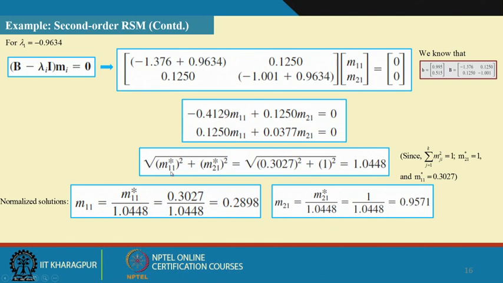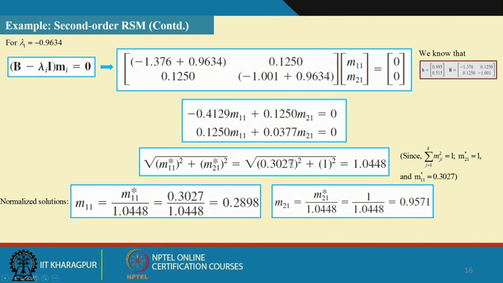So, M11 square plus M21 square, its square root is this value, and then using this you are finding out M1 and M2. From these two you are getting the relation between M11 and M21, and using this normalization, you are able to uniquely estimate the values of M11 and M21.